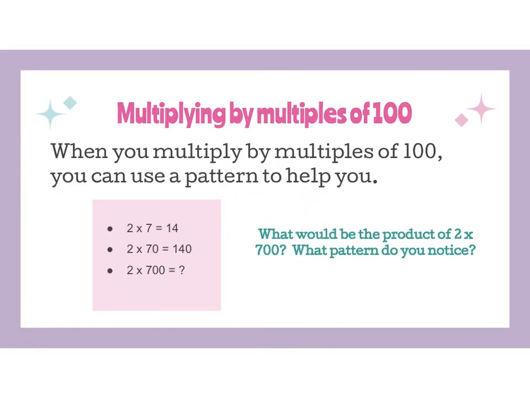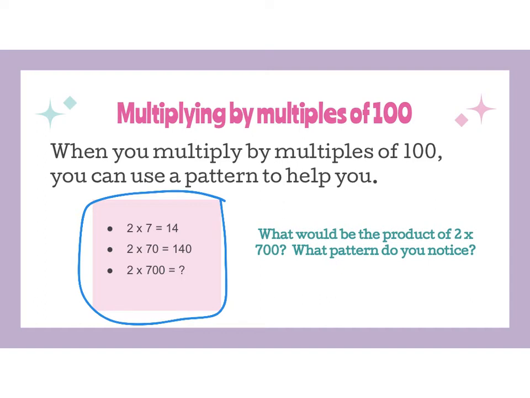When you multiply by multiples of 100, you can use a pattern to help you. Let's look at the box here. 2 times 7 is 14. 2 times 70 is 140. What would the product of 2 times 700 be?